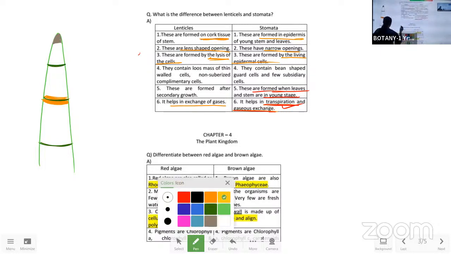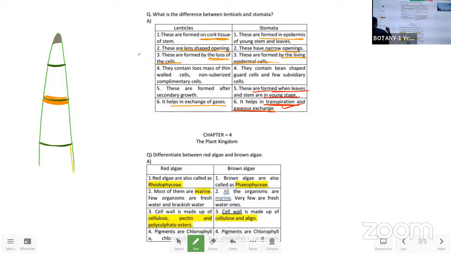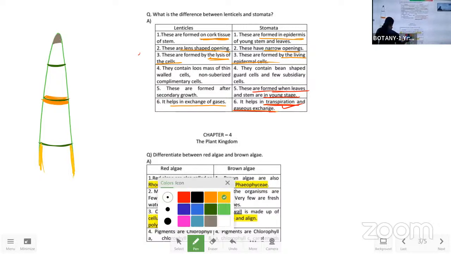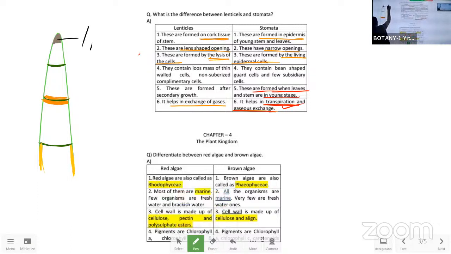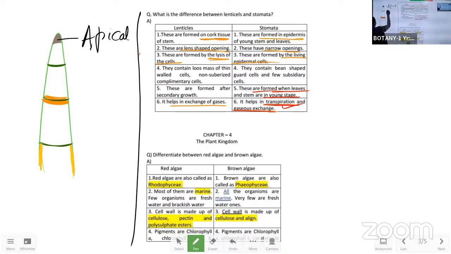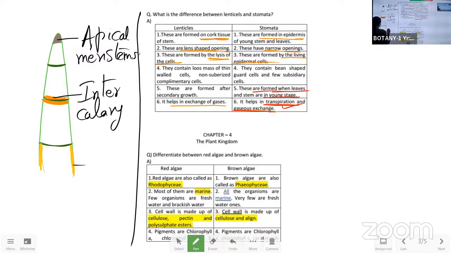And now comes the lateral meristems. Apical meristematic tissue. And this is the intracalary meristematic tissue. And these are the lateral meristematic tissues.